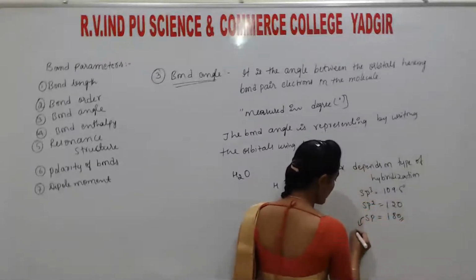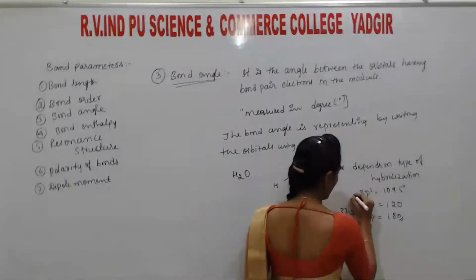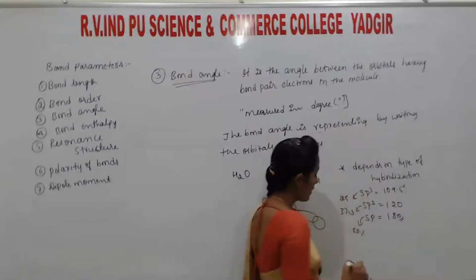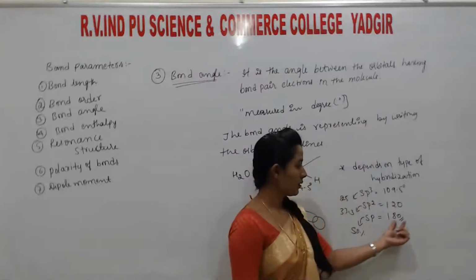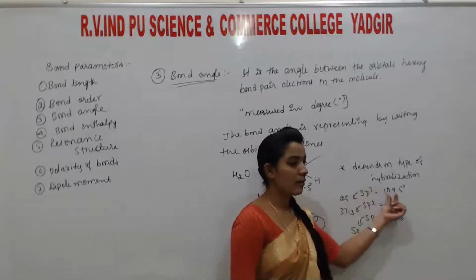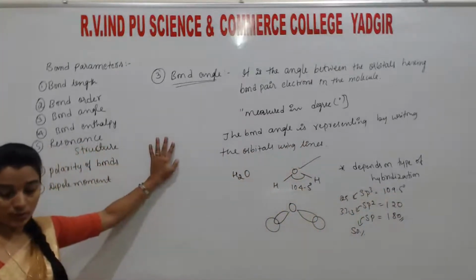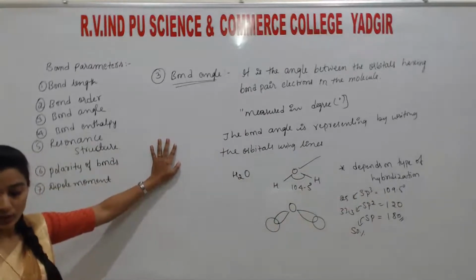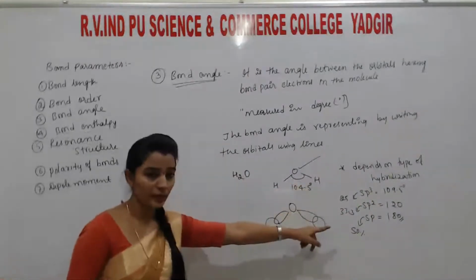So students, S character here is 25%, here it is 33.3, here it is 50. If S character is more, then the bond angle is more. If S character is less, bond angle is also less. So the bond angle depends upon the type of hybridization.